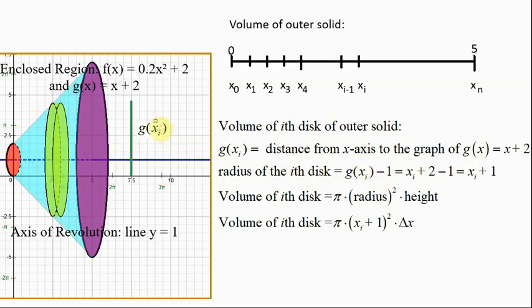But g of x is x plus 2, and so we get x sub i plus 2 minus 1, which is x sub i plus 1. And so the volume of this ith disk would be pi times the square of the radius times the height. And so we would get pi times (x sub i plus 1) squared, and then times the height, which is the thickness of the disk, which is delta x.